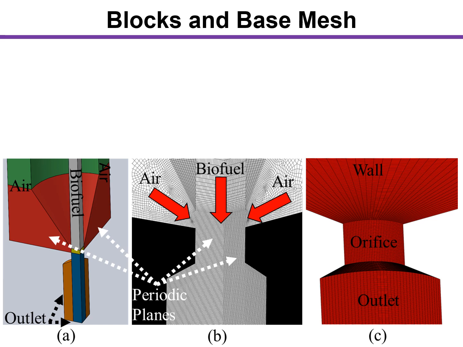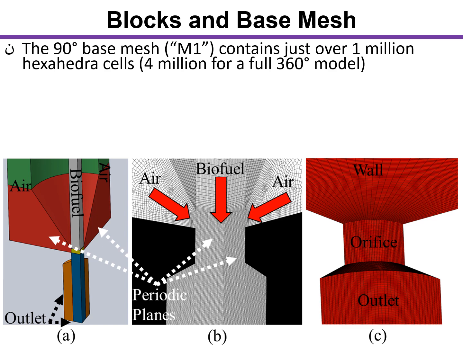So let's look now at a cross-section and some of the views of our mesh and our blocking system to control mesh growth. On the bottom left-hand corner, we have this 90-degree situation where we're taking periodic planes on either side, and we'll discuss that more throughout this document. So we have biofuel down the center, and those different colored regions are for the blocks, again, to control mesh growth.